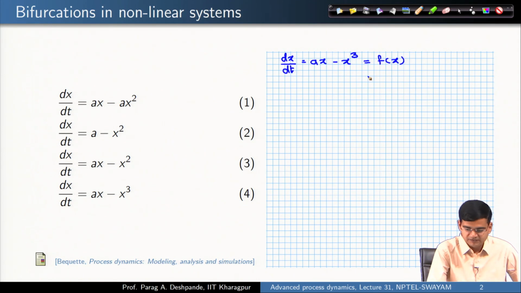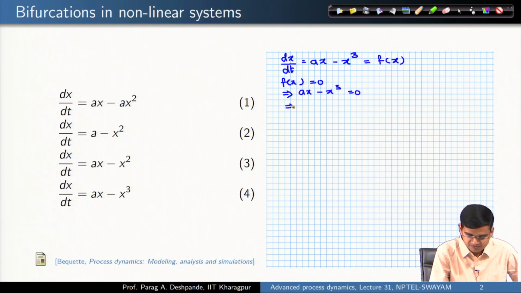Then f of x is equal to 0 means a x minus x cube is equal to 0, which means x times (a minus x squared) is equal to 0.